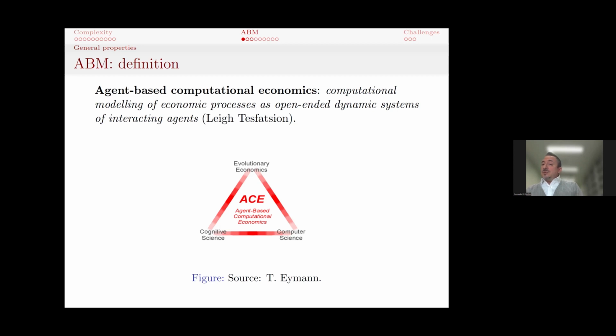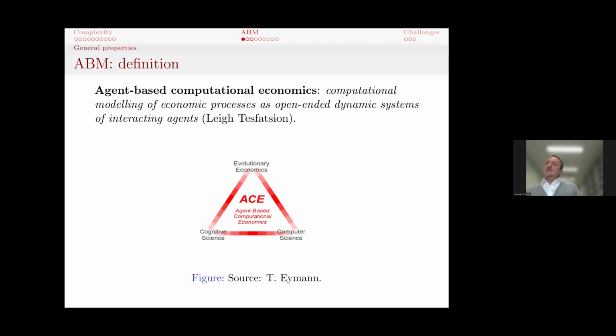So agent-based economics is at the crossroads of three different fields of research. Evolutionary economics, which I said has paved the way for the introduction of complexity in economics. Computer science, because, as I said, we use computational methods for agent-based modeling.